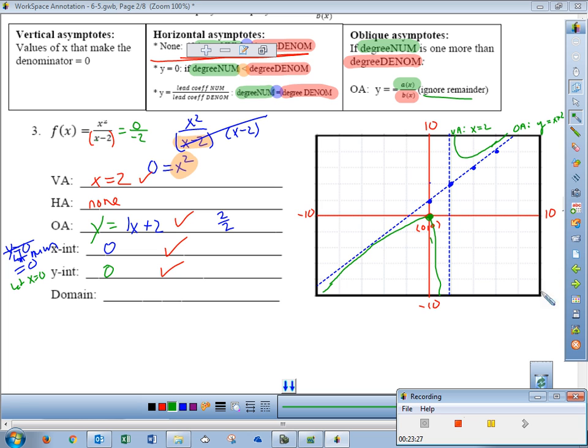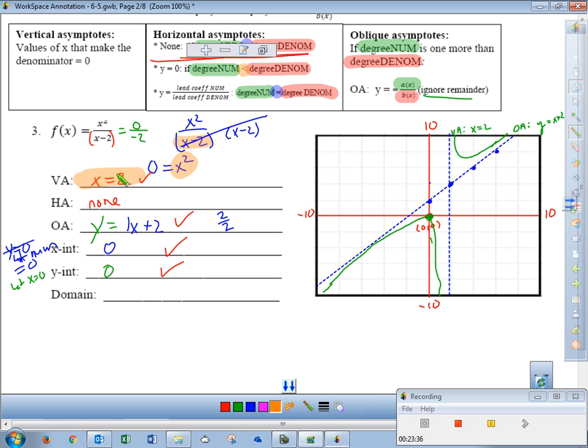Now it's back down to the domain. And honestly, the domain could be done without the sketch or without the calculator, because this is really the information that we care about. This is telling you bad zones, right? There's a vertical asymptote at x equals 2. That means x can never be 2, right? That's a bad, bad place.